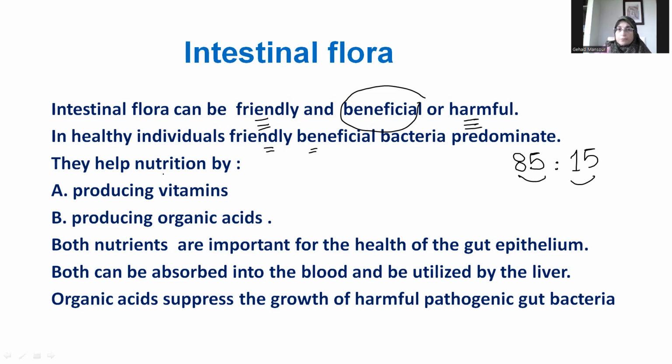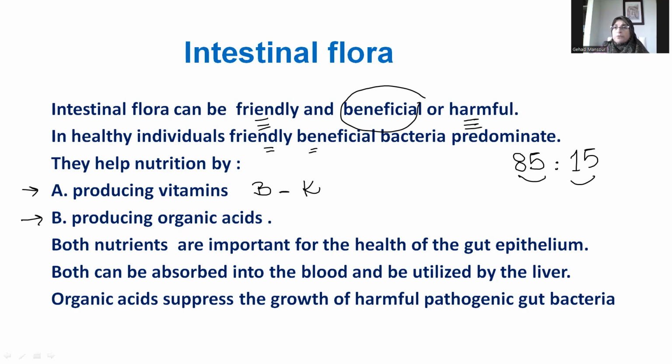Those friendly flora or friendly bacteria help you by doing certain important functions. The first function is to produce vitamins, especially, as we said before in our study of the digestive system, vitamins B and vitamins K, and they also produce organic acids.